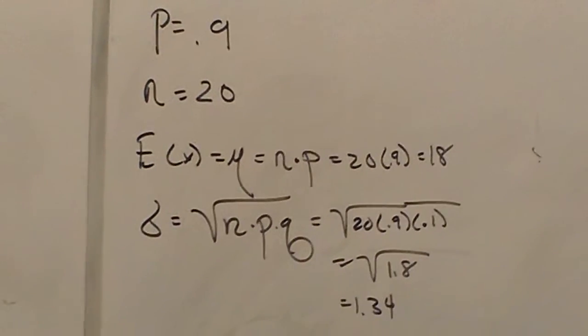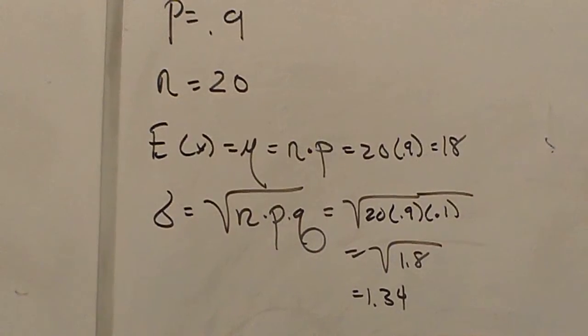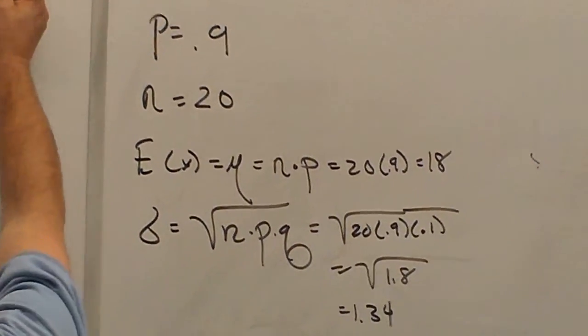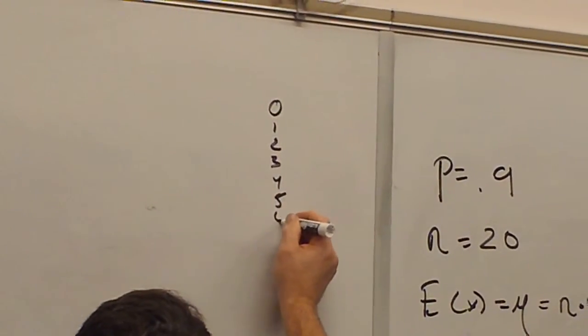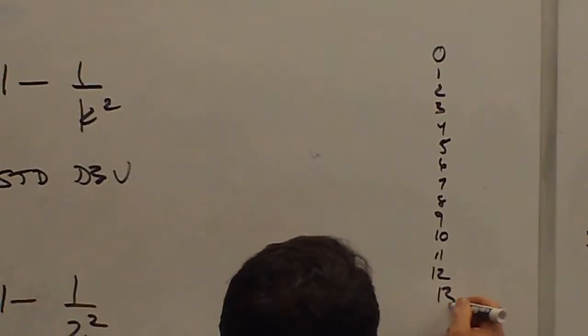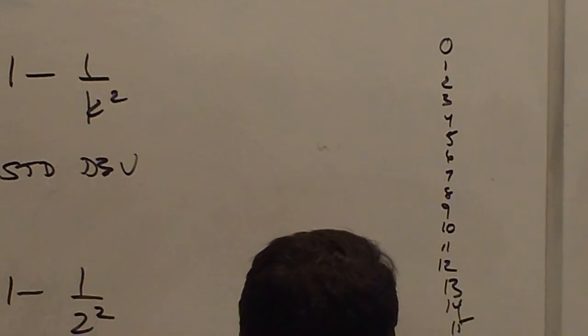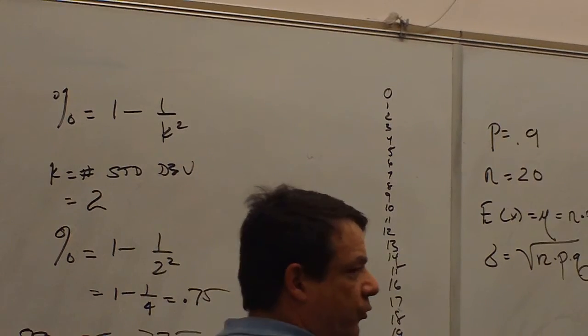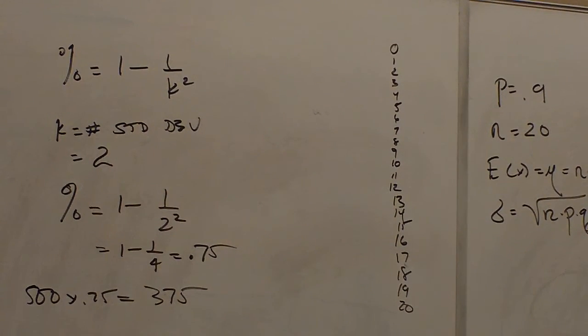C. What's the probability that no more than 14 of these students will purchase books the first week? Here's my sample space. We might have 20 out of 20, 19 out of 20, 18 out of 20, 17 out of 20, down to none out of 20 purchasing it.